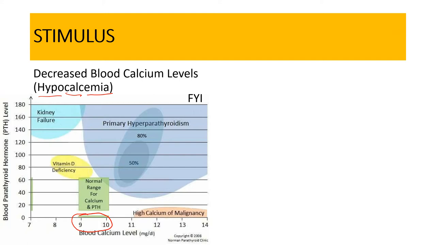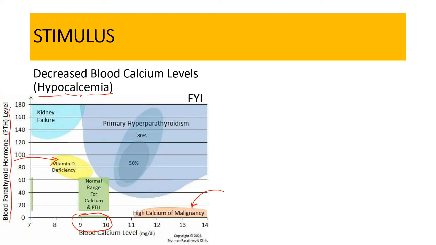And what happens if it's too high? Actually, if blood calcium is too low but parathyroid hormone secretion is too high, or if blood calcium levels are too high but parathyroid hormone levels are too low.